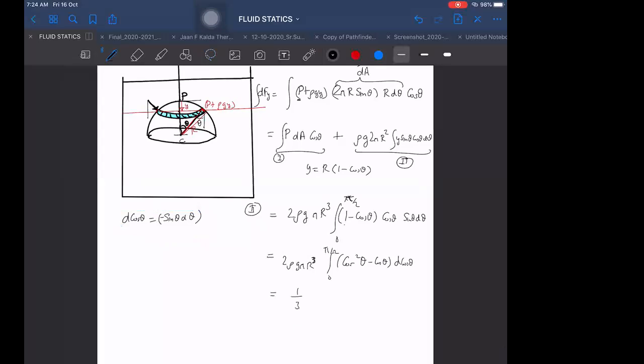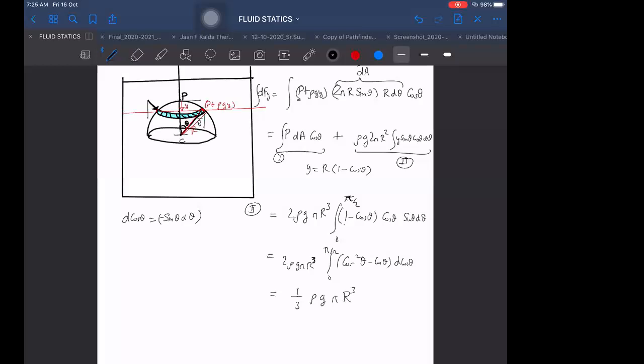1 by 3 rho g pi r cube. Yes, that's it. Integration is giving us just 1 by 3.